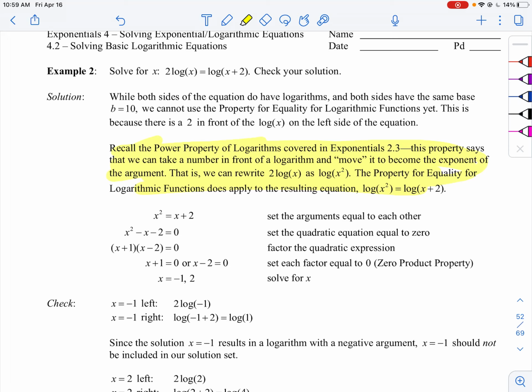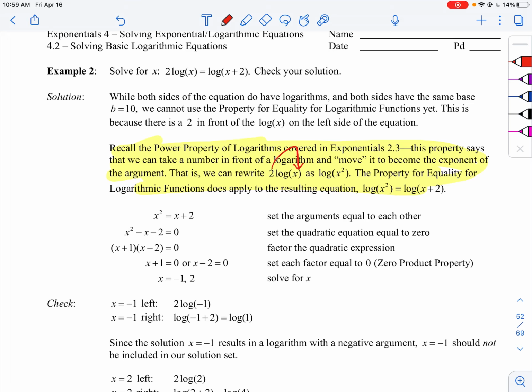That is, when you say argument, that's the number inside the parentheses. That is, we can rewrite 2 times log of x as log of x squared, because I can take this and put it in there. The property of equality for log functions does apply to the resulting equation: log of x squared equals log of x plus 2.